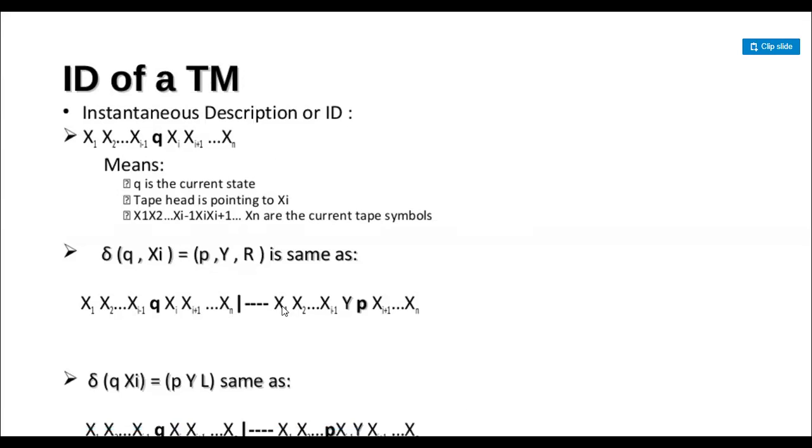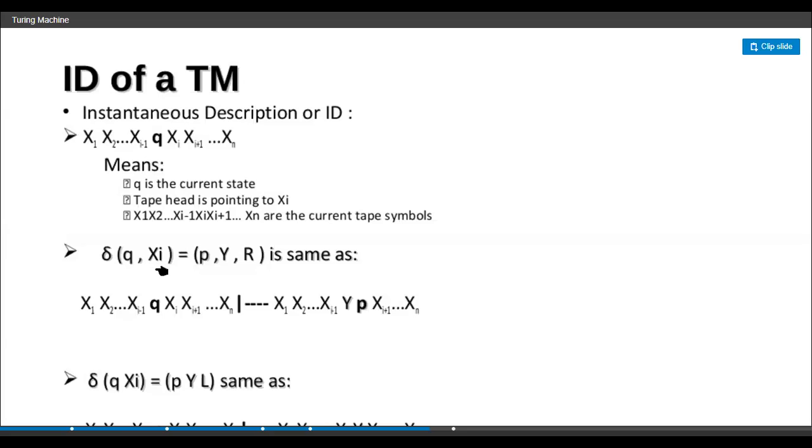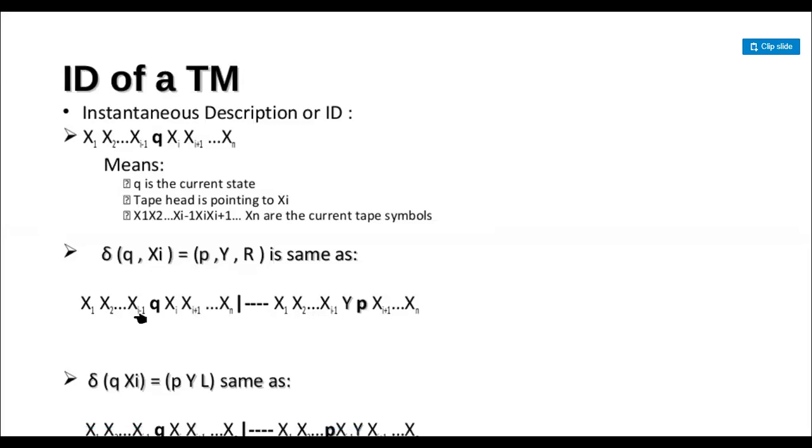If we're having a transition mapping function with the state and the input tape like this, and the output is p comma y comma r, you need to do the instantaneous description like this. Here we're having x1 x2 so on xi minus 1, and q is the state.